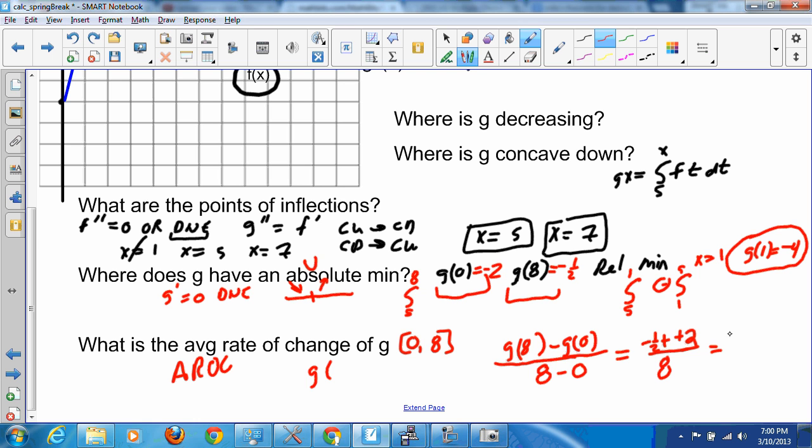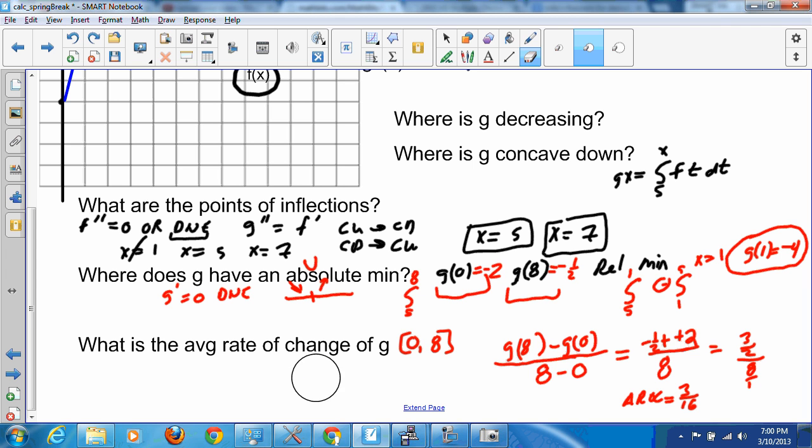So 2 minus a half gives me 3/2 over 8. We can multiply by the reciprocal 1/8, and we get 3 over 16 as our average rate of change on this function.